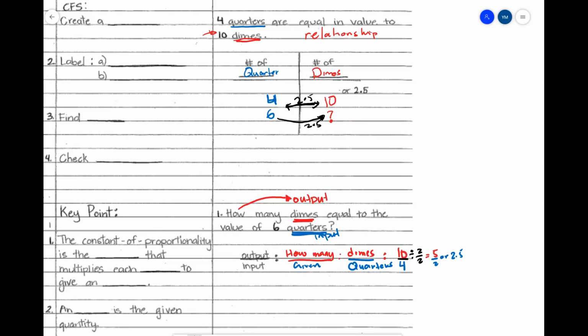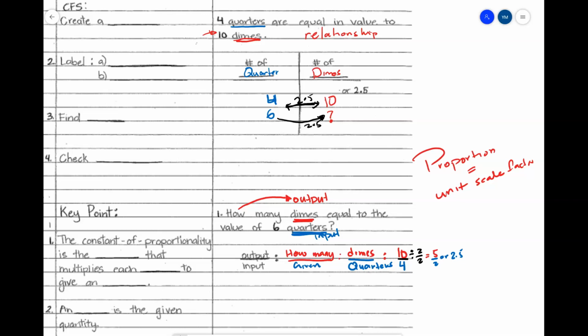Okay, so what does that mean? That means that, remember, this proportion is a unit scale. A proportion equals a unit scale. It's a special type of a scale factor.